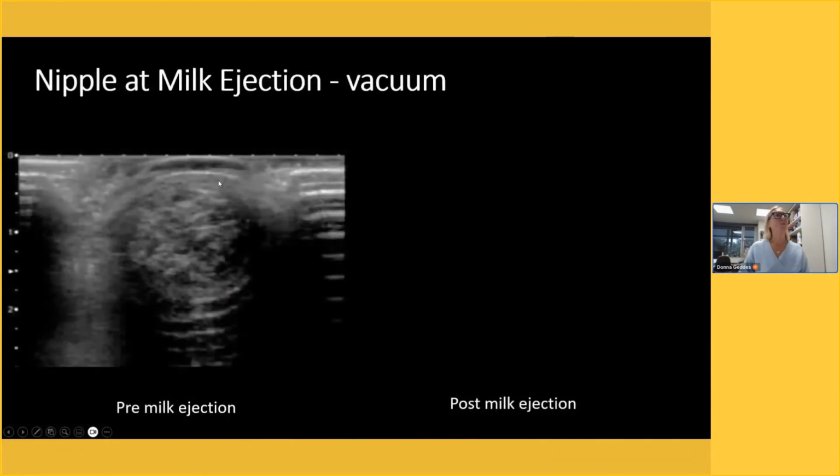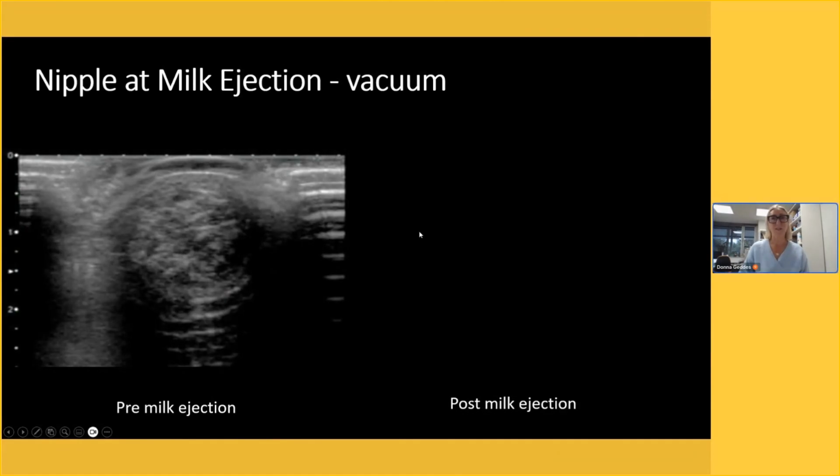So what happens during pumping? Well, here I have the transducer sitting on top of the tunnel of the shield. And you can see that it comes round here, and the nipple in the center is this gray heterogeneous area. You can just make out some of the milk ducts here.